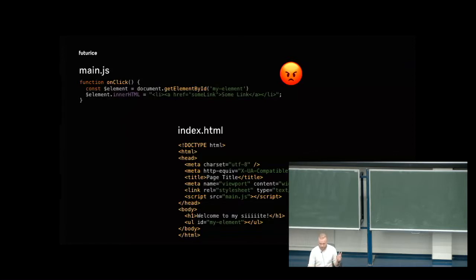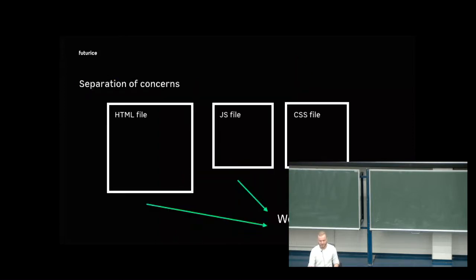So people said that, hey, this React library, it's not good because there's this thing called separation of concerns. HTML files should only have HTML in them, JS files only JavaScript, CSS files only styles.